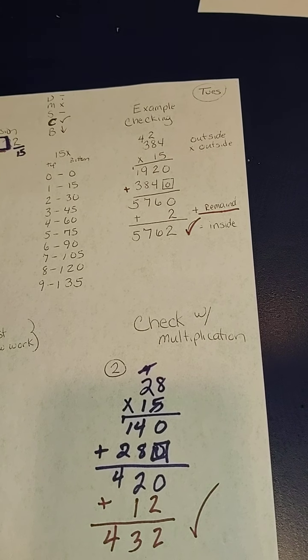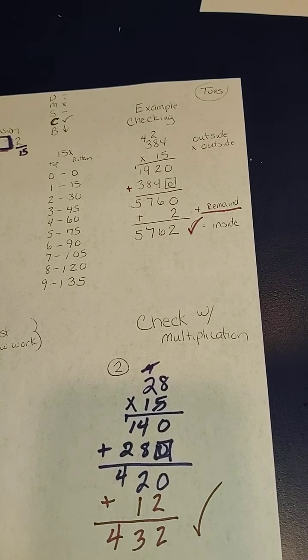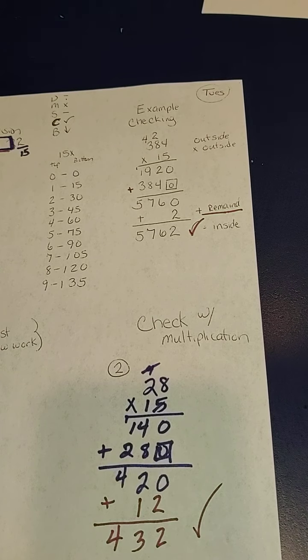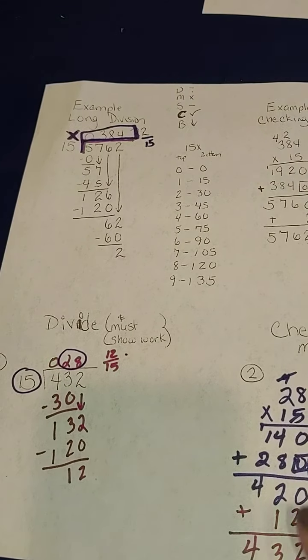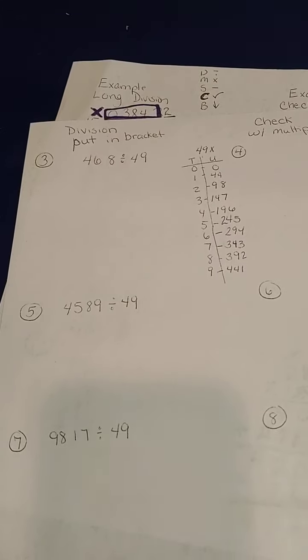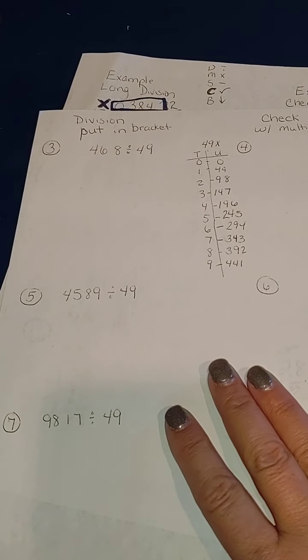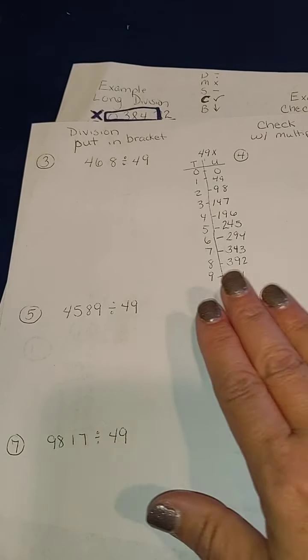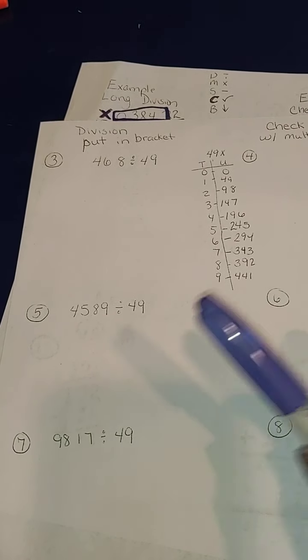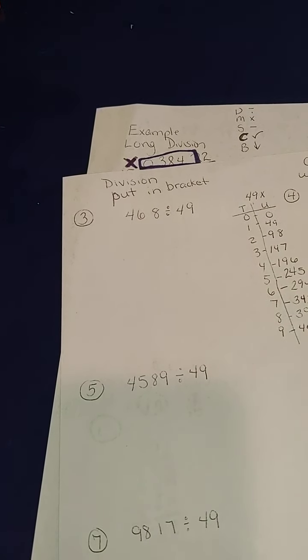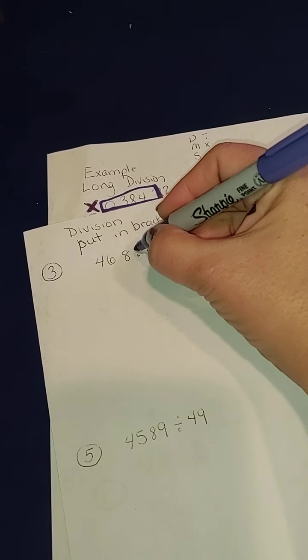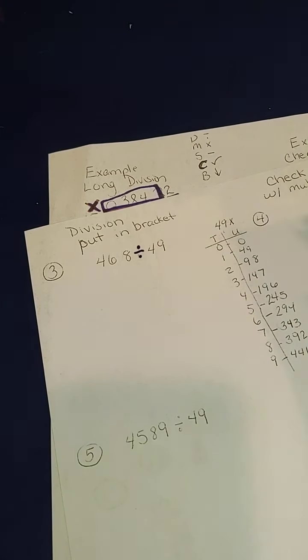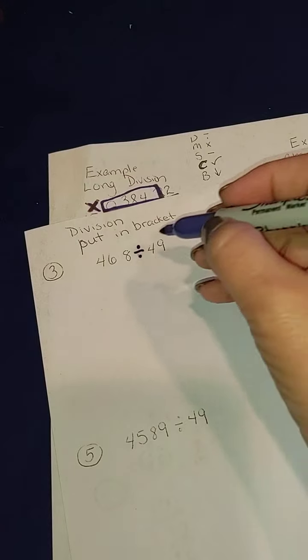You are going to have to know how to check your problems this week. And I'm going to let you work on this sheet by yourself. They're all being divided by 49. So this should help tremendously. I'm going to set the first one up for you only because this is the first time you've dealt with a division sign instead of a bracket.